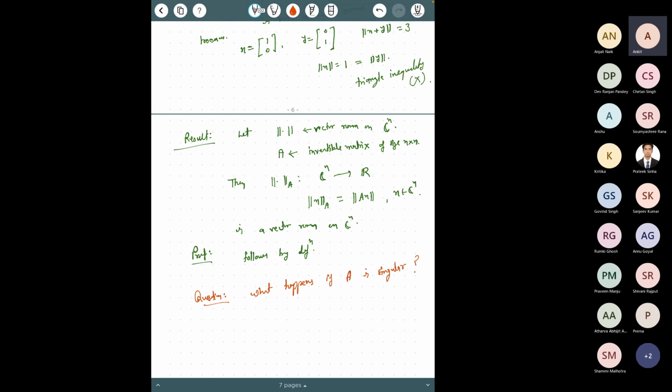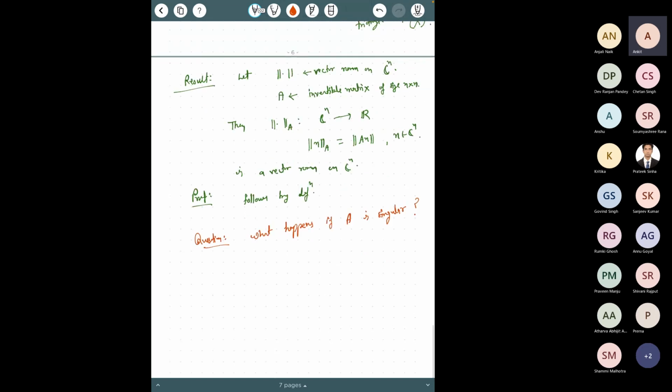What can we say about this result then? Student: Sir, even if x is non-zero, Ax can be zero. Yes, so the norm will be zero even if x is non-zero. So the positivity is failing here.